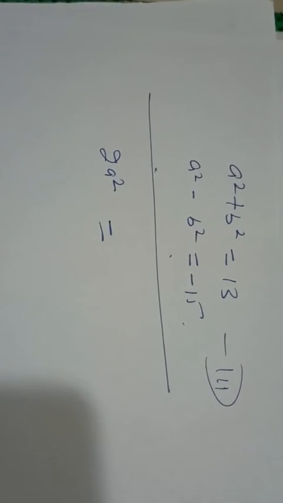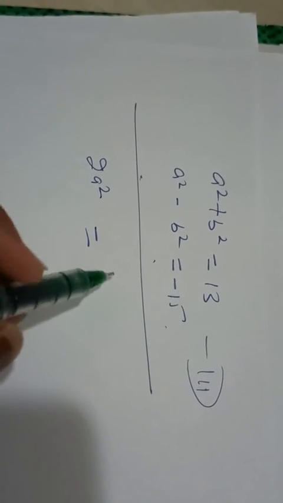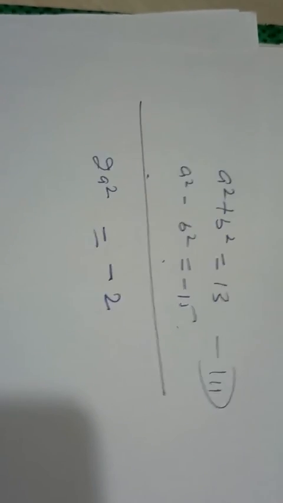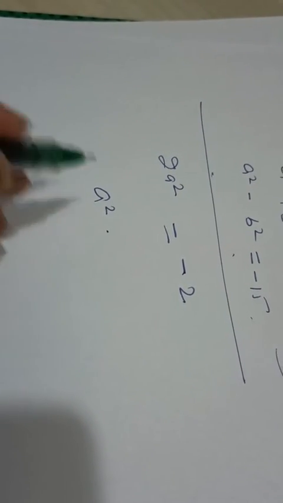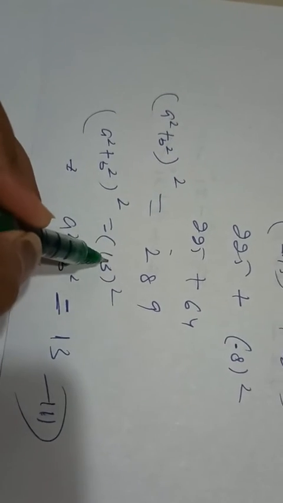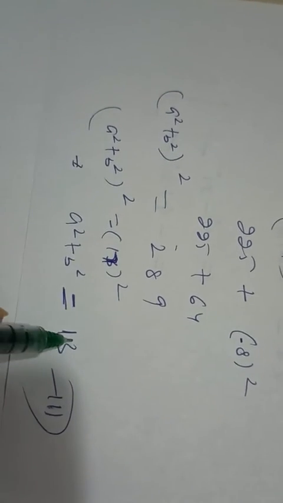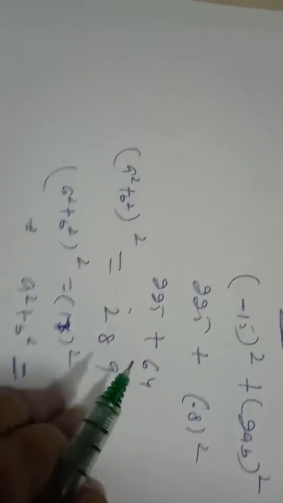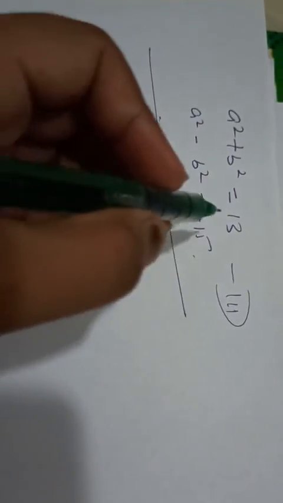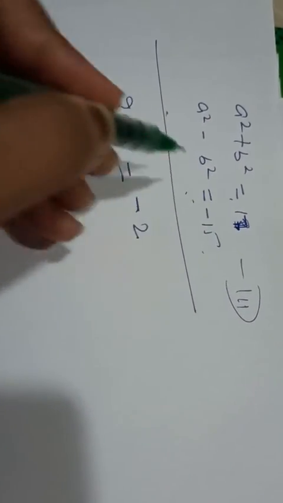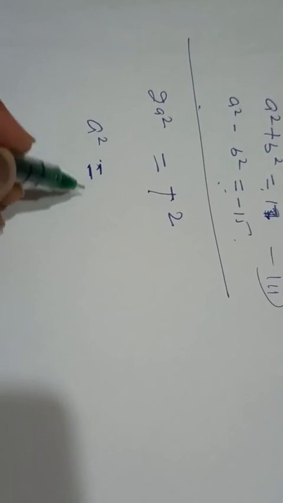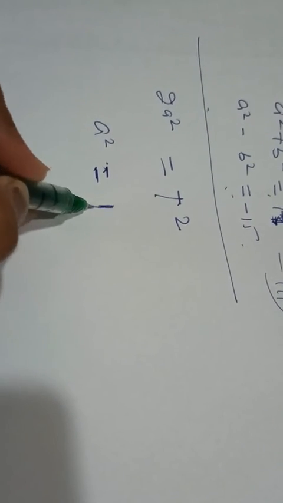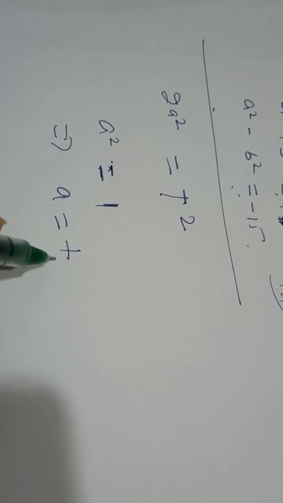So 2a square is equal to 2, so 17 minus 15 gives you plus 2, so a square comes out 1, so the value of a is plus minus 1.